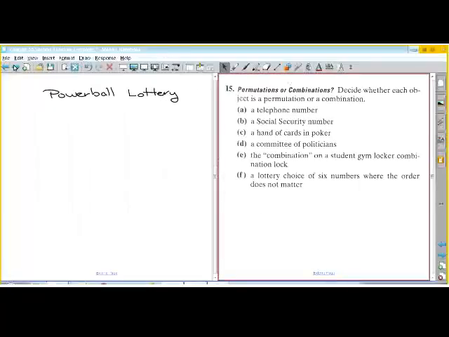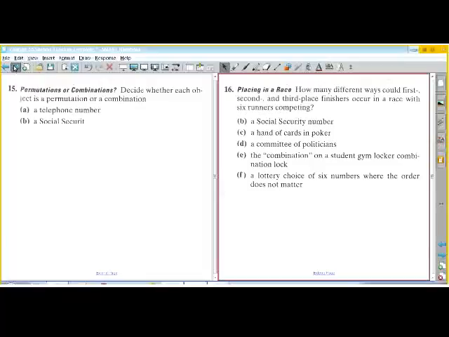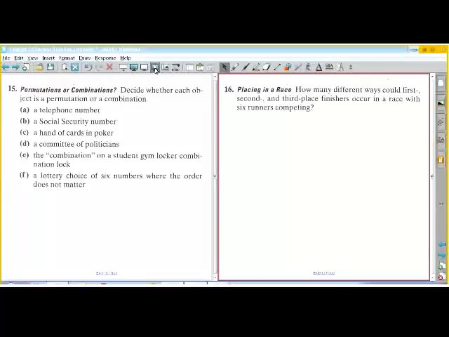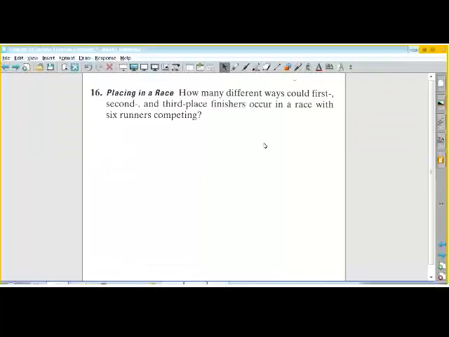Once you know whether it's a combination or permutation problem, then you just have to figure out what N is and what R is, which should be pretty obvious. So here's one: how many different ways could first, second, and third place finishers occur in a race with 6 runners competing? So the first question you ask is, is order important? So Josh, is order important?